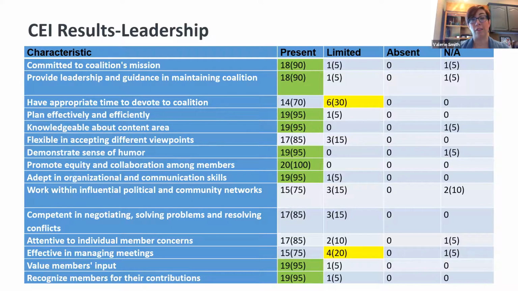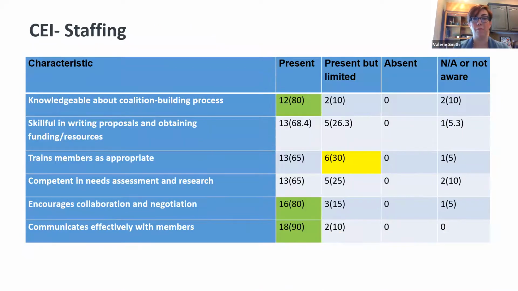The challenge with leadership having appropriate time to develop, and then meeting management were two that we definitely took note of as we were collecting this data. Staffing, again looking at that training, I was very happy to see that the staffing piece had strong knowledge and communication aspects, but looking at how to train members a little bit better.